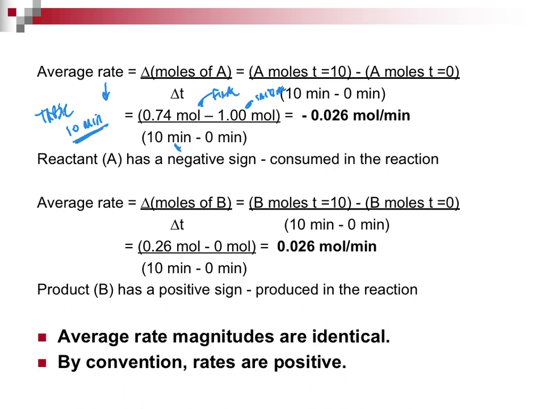So we have 10 as the final, we have 0 as the initial. It's kind of like taking the slope of a line. And we come up with a number, minus 0.026 moles per minute, because we're counting those little balls as moles.